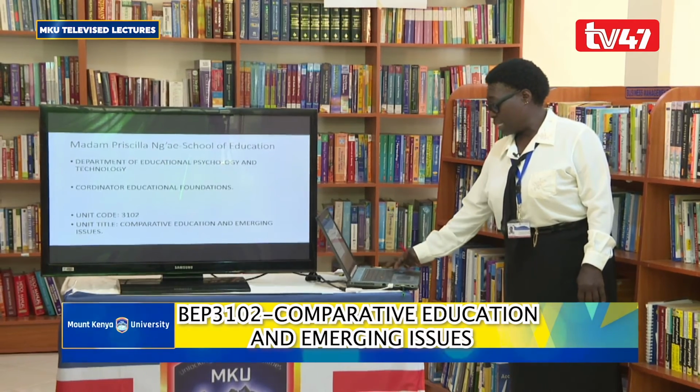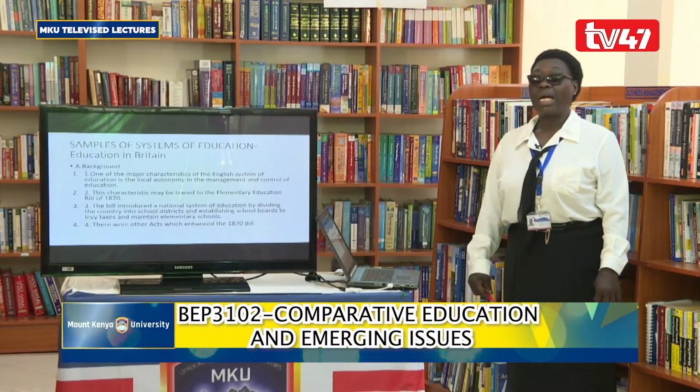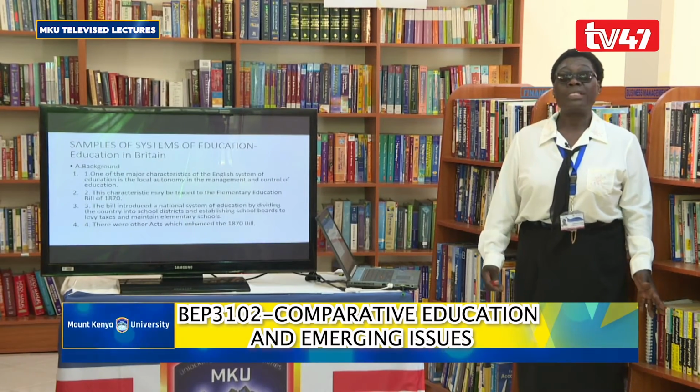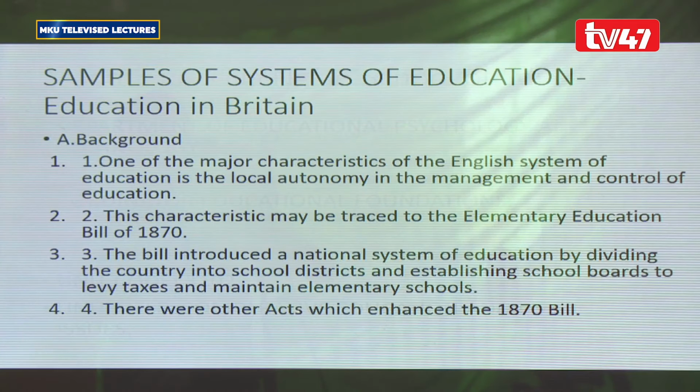That education in Britain has a background, as all other educational systems. Under the background, one of the major characteristics of this system that makes it notable is the local autonomy in the management and control of education.